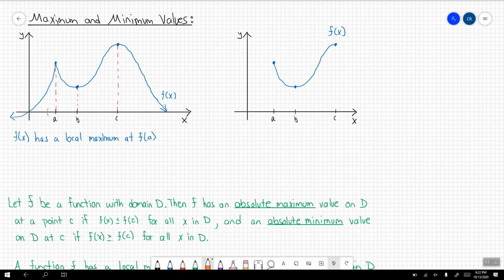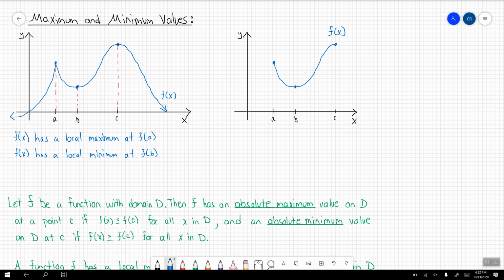Now, similarly, we're going to be able to do the same thing for b. We're going to see here that f of x has a local minimum at f of b. In other words, the output for this function at the x value for b, that is the local minimum.